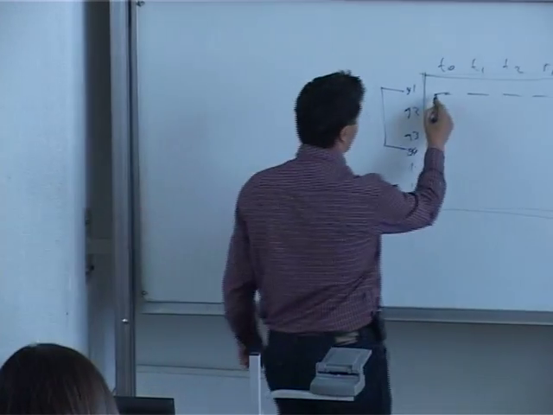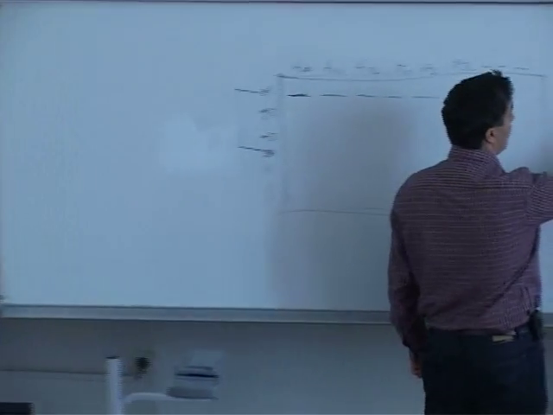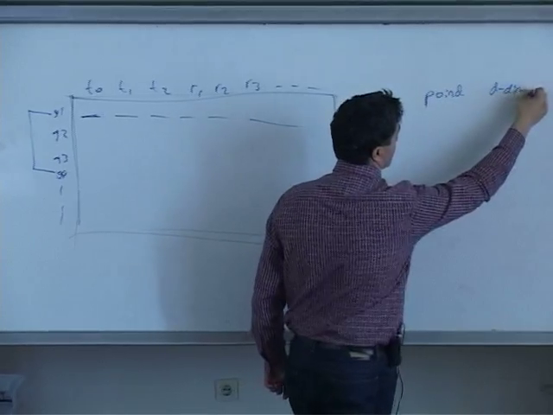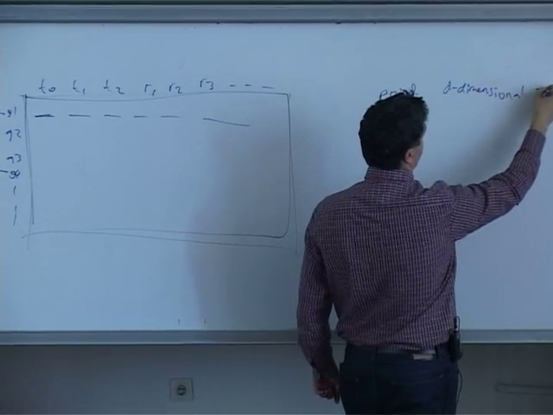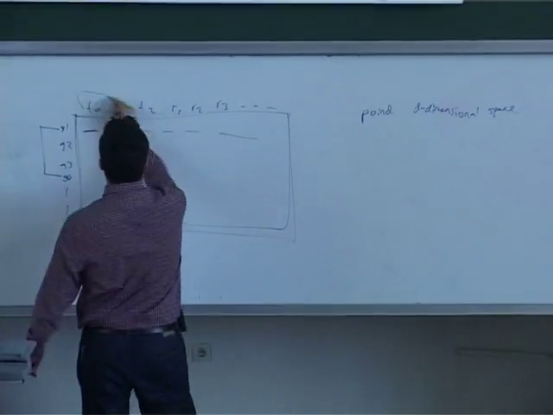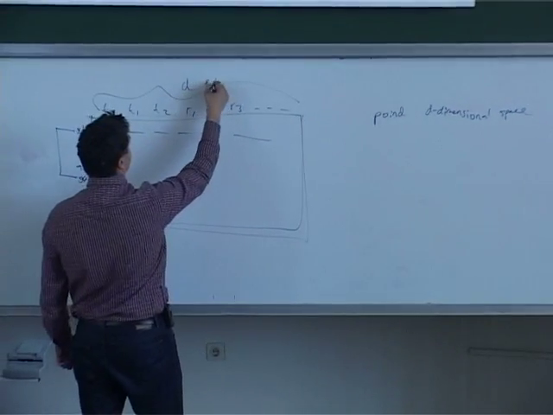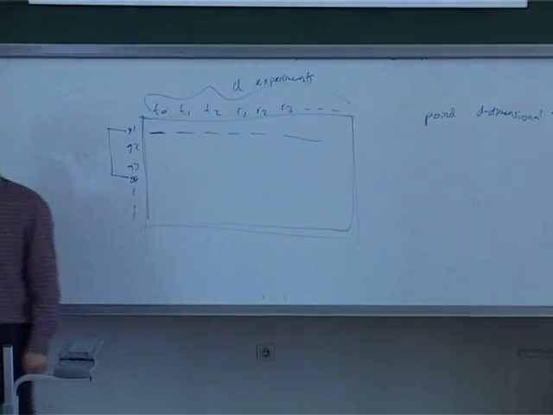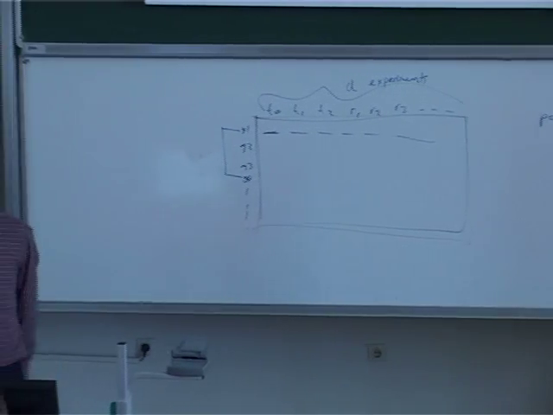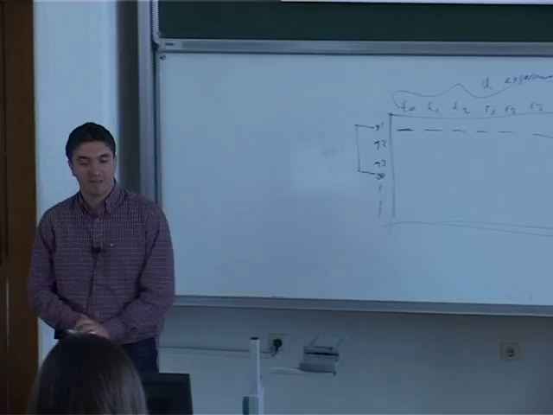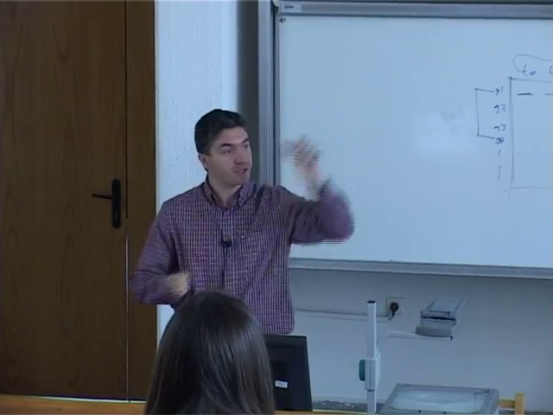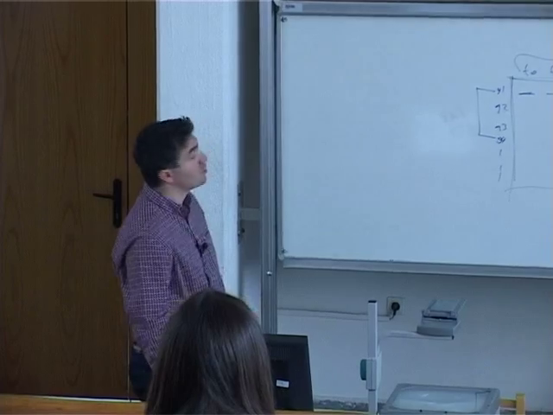So, this gene is actually a point in a d-dimensional space. If I have d experiments, it's a vector, a point in d-dimensional space. So we can use different distance measures like the Euclidean distance. We can measure the distance between these two genes as if we are measuring it with a ruler, which is going to give us the Euclidean distance.